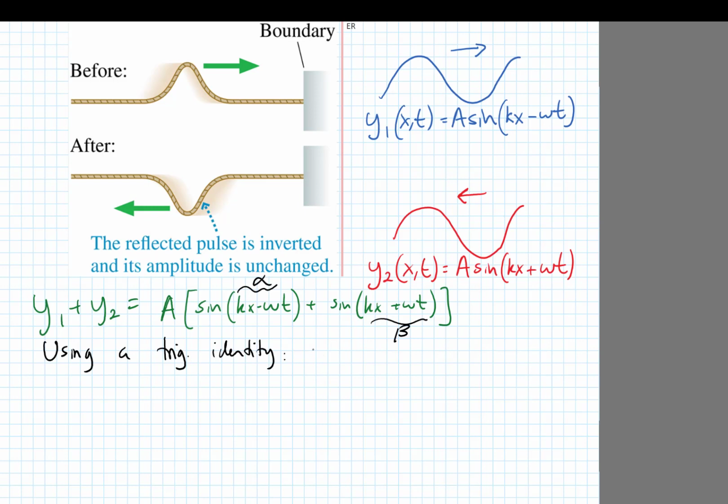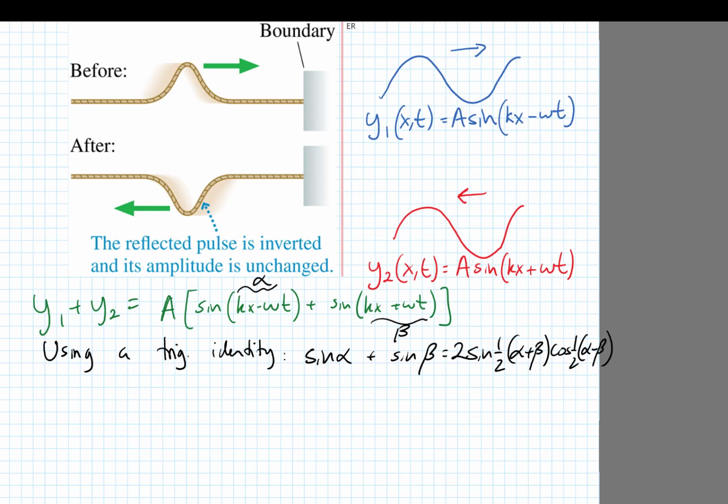And the trig identity we'll use is that the sine of one quantity alpha plus the sine of some other quantity beta is equivalent to 2 times the sine of 1/2 quantity alpha plus beta times cosine of 1/2 quantity alpha minus beta.